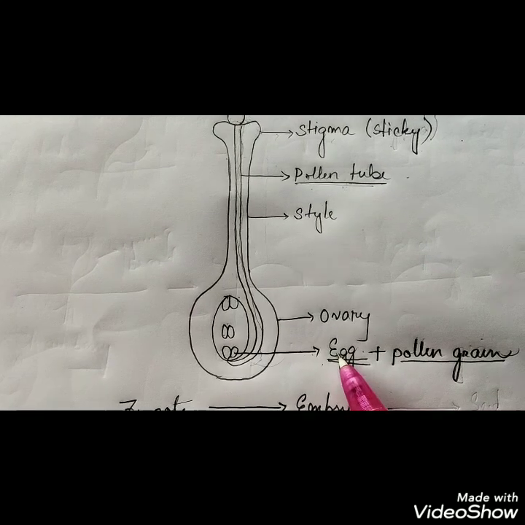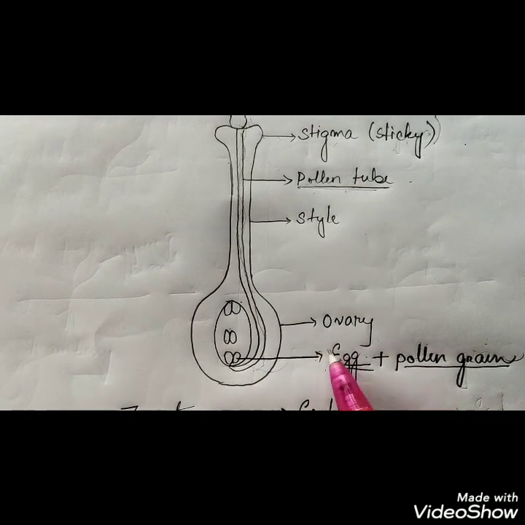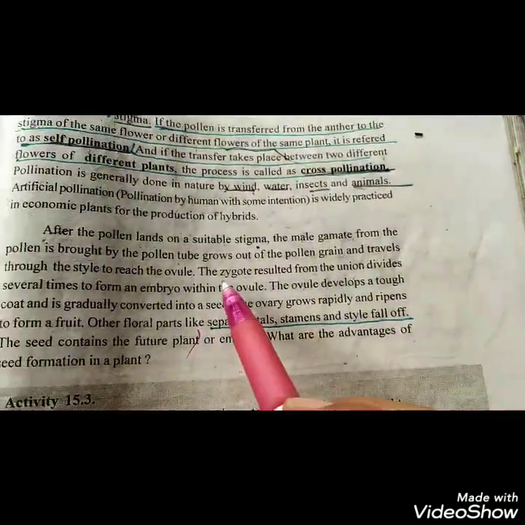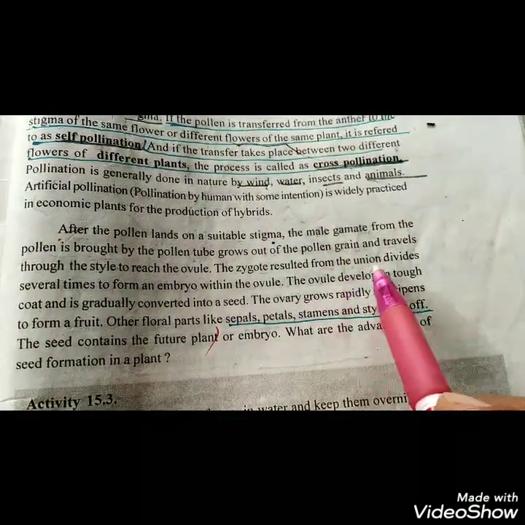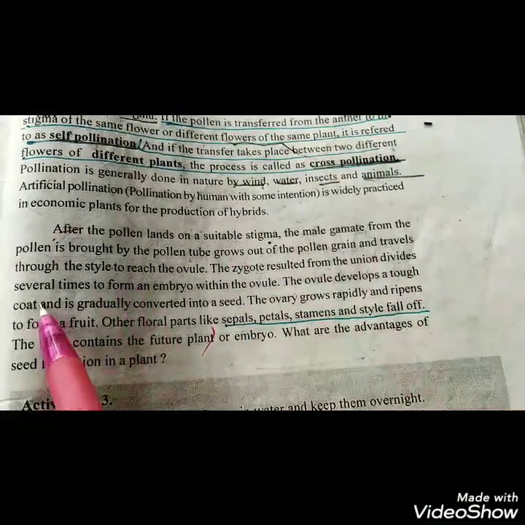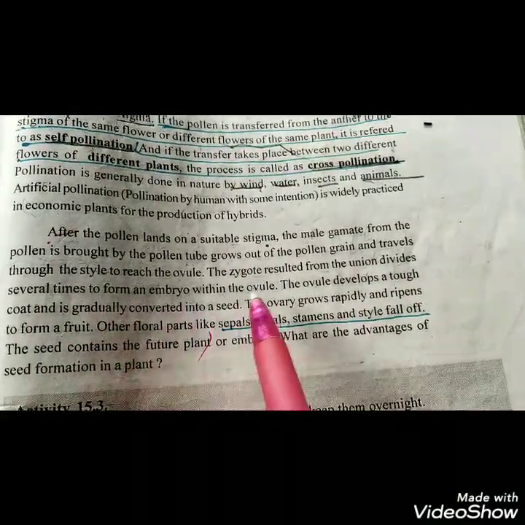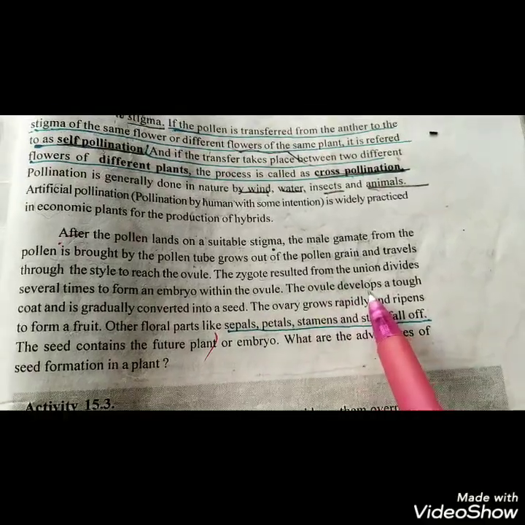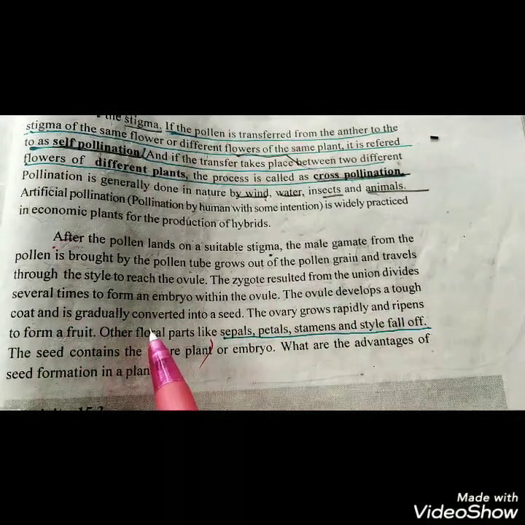So the egg as well as the pollen grain unite together to form the zygote. The zygote resulting from the union divides several times to form an embryo within the ovule. The ovule develops a tough coat and is gradually converted into the seed.